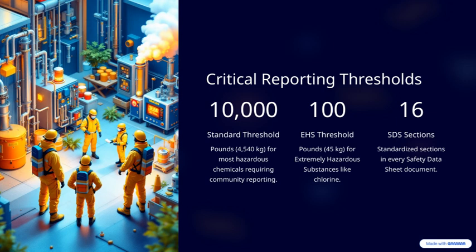This is a significant quantity, indicating a high level of risk and the need for stringent safety measures and reporting. Understanding these thresholds is key to managing hazardous materials responsibly and ensuring safety at every level. They tie into the overall theme of safety compliance and risk management that runs throughout this presentation.